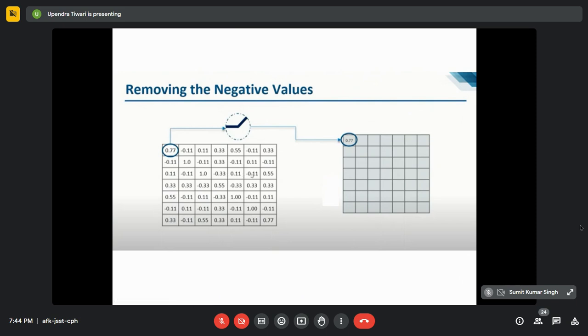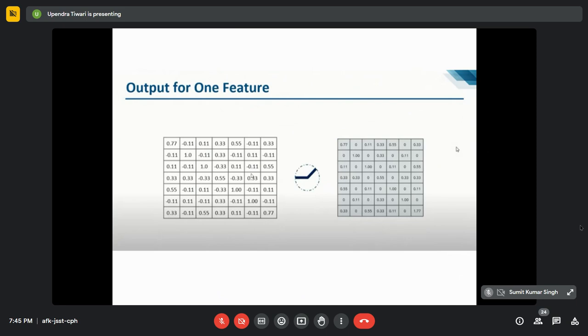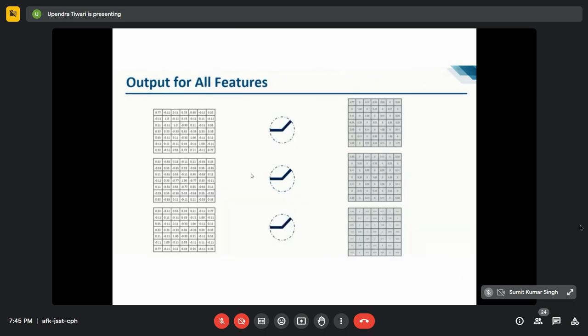So wherever you get a negative value, we make it 0. Again, how many filters do we have? 3. So the same ReLU will be applied 3 times. Wherever we had a negative value, it has become 0.